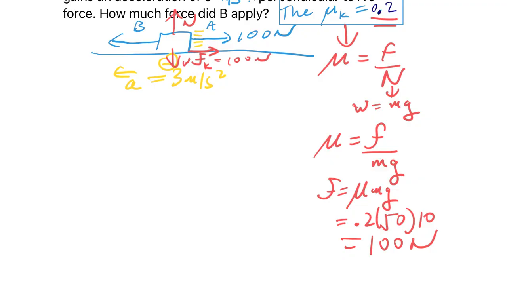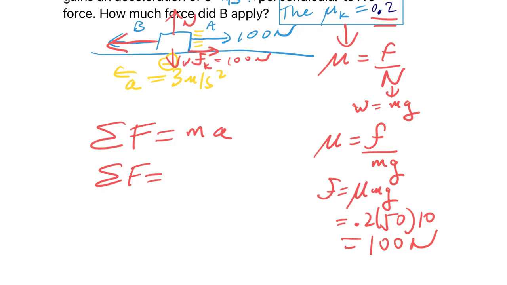So for this one, you can probably look at it and just tell me the net force is equal to MA, right? The net force also is equal to the applied force from B, minus the applied force of A, minus the kinetic friction.